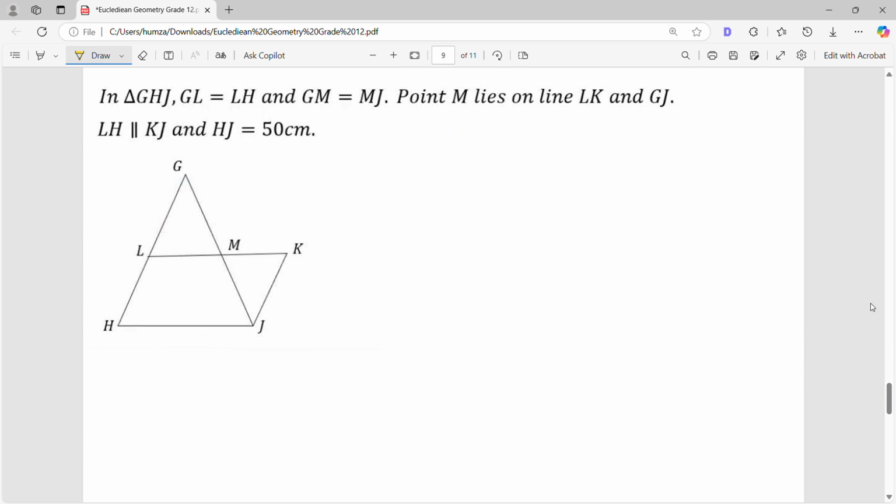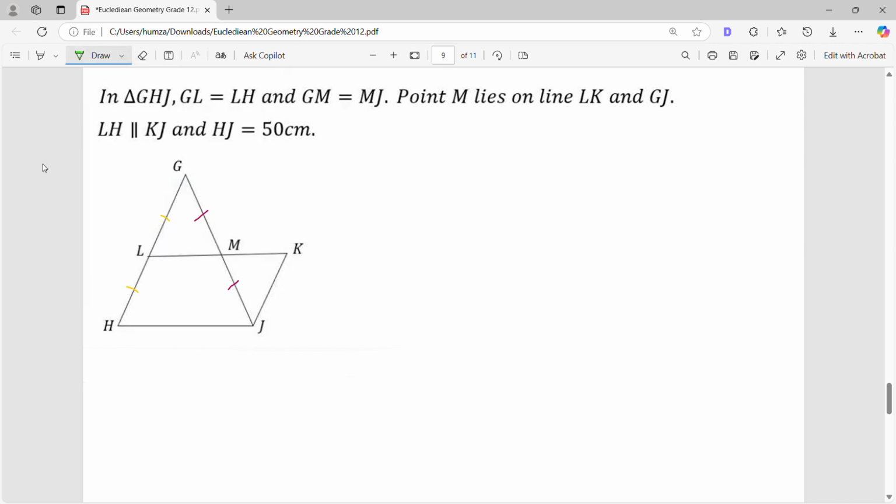Okay, so the question says in triangle GHJ, GL is equal to LH and GM is equal to MJ. Now GL is equal to LH, and let's change the color, GM is equal to MJ.